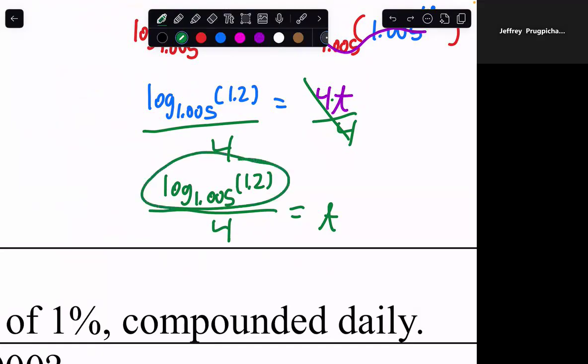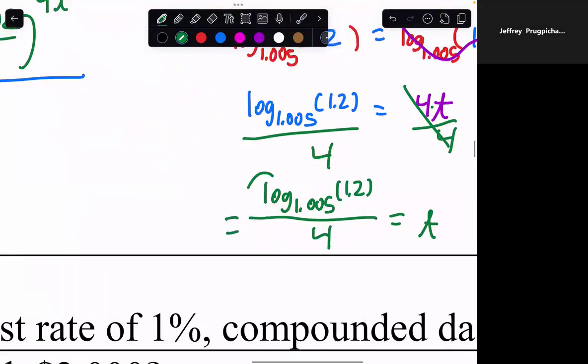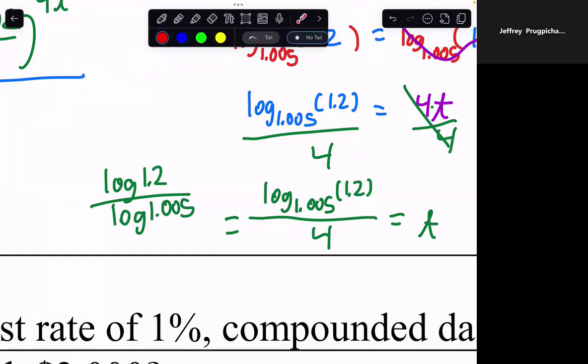We can rewrite this as log of the argument, so regular log 1.2, divided by log of the base, log 1.005. That's the top part, but we also still have the divide by 4 at the end.